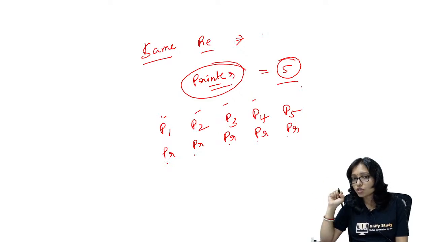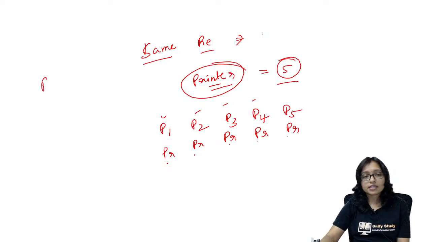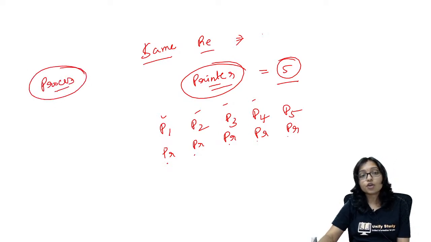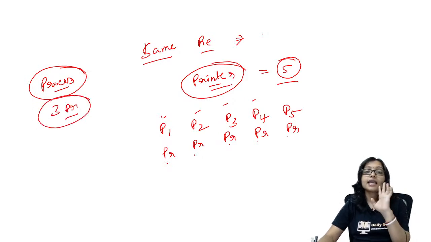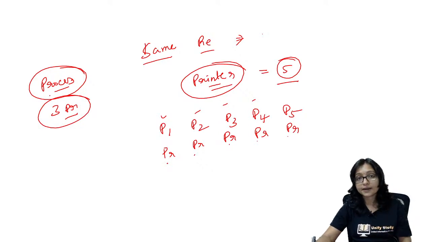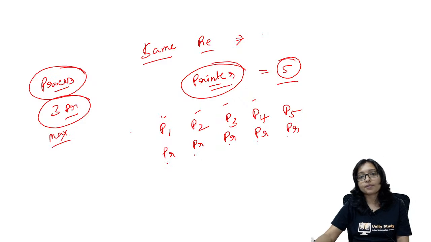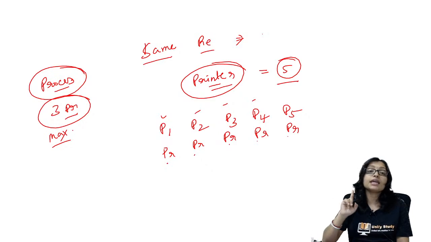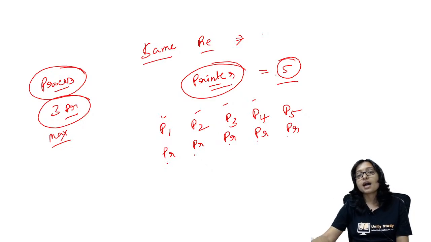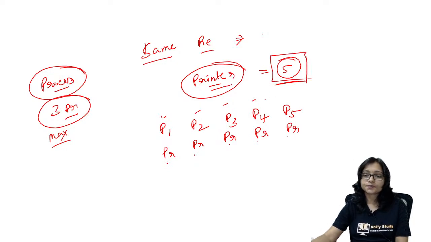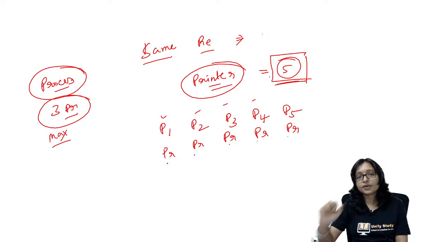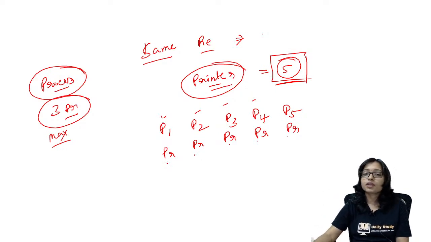Now, if each and every process requires 3 printers at a time, that is the maximum requirement, but I have only 5 printers. Can I share them among the processes? Is it possible?